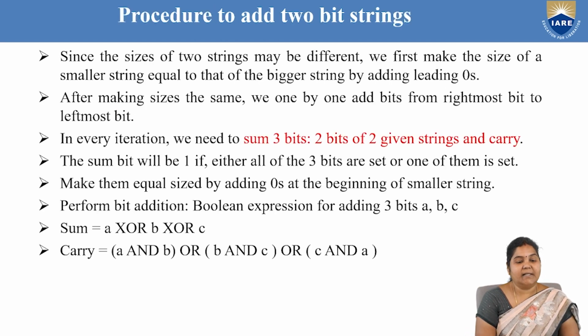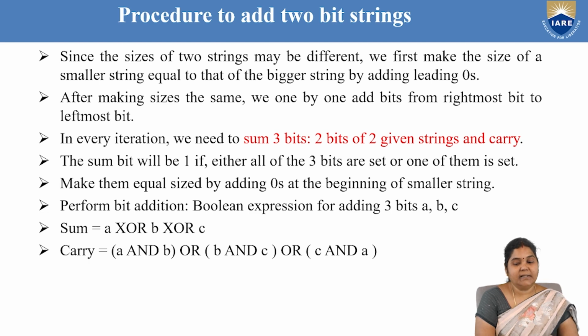Now, let us first understand the procedure of adding 2-bit strings, then we'll go for the programming. Since the sizes of the two strings are different, first of all, there are multiple ways to do it. One particular way we are discussing here, the simplest approach, is to first make the length of both the strings the same.